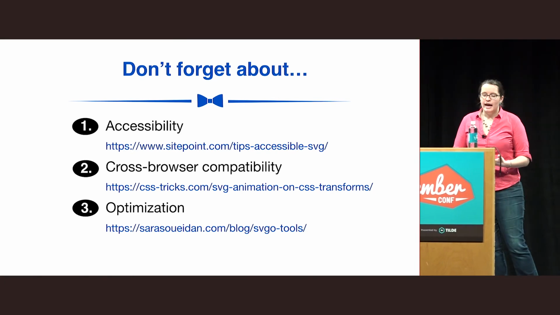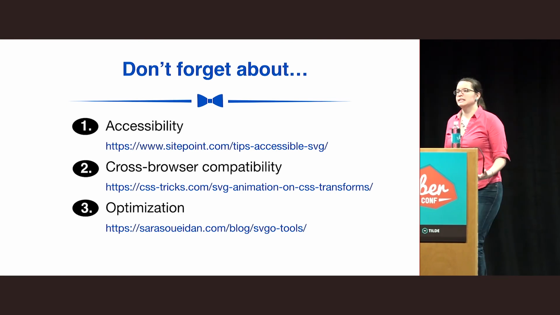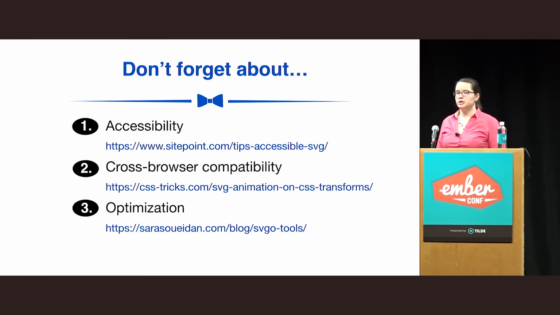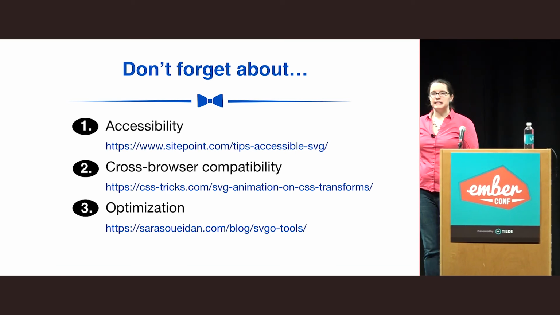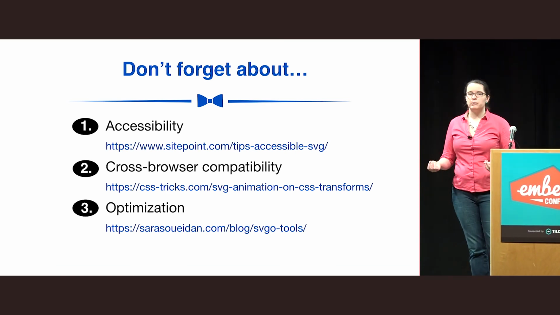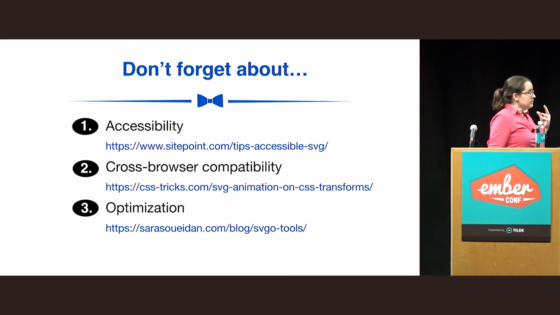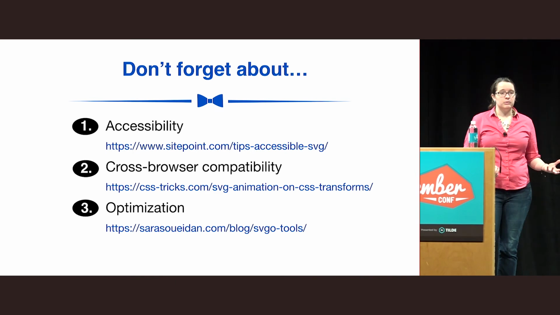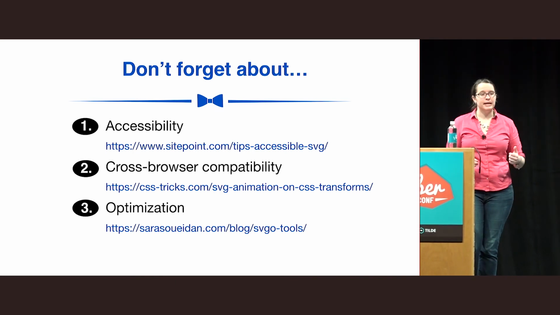Lastly, SVGs exported from popular software usually need some cleanup and optimization in order to work well in your app. They're not going to look as neat and clean as some of the examples that I showed you earlier. But luckily, there are some tools available to help you optimize your SVG just by copying and pasting it in.